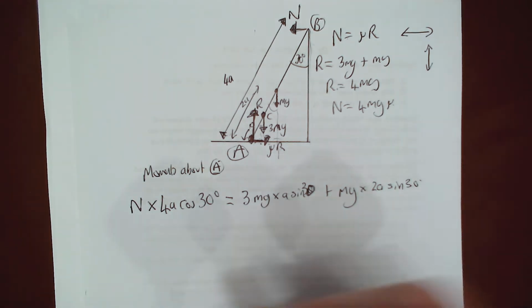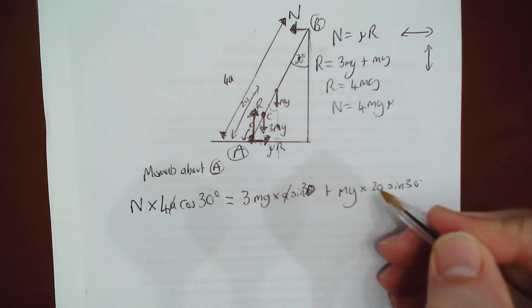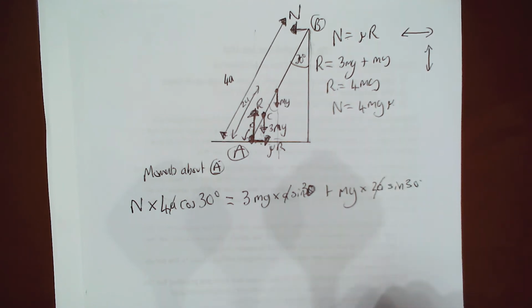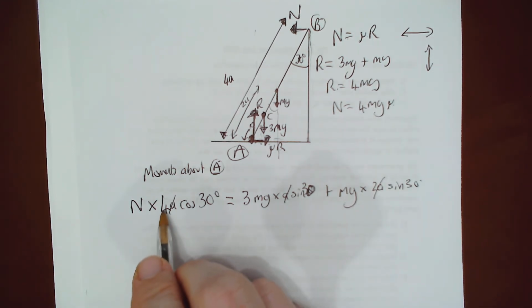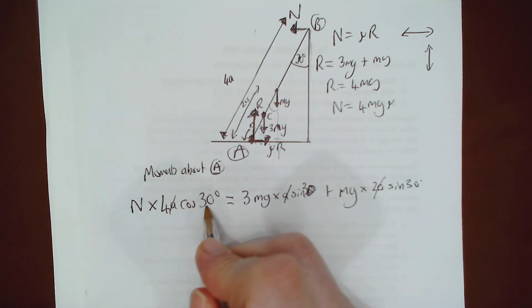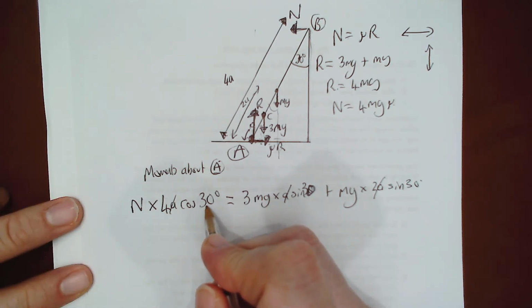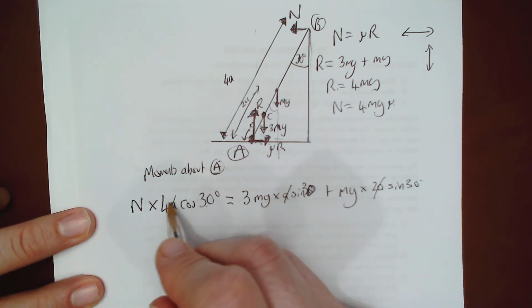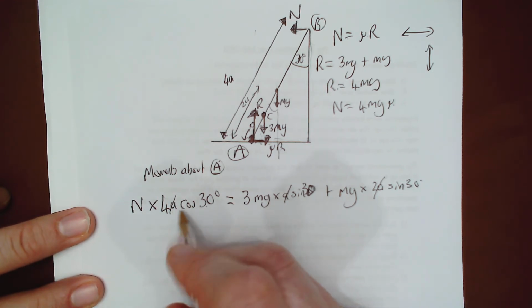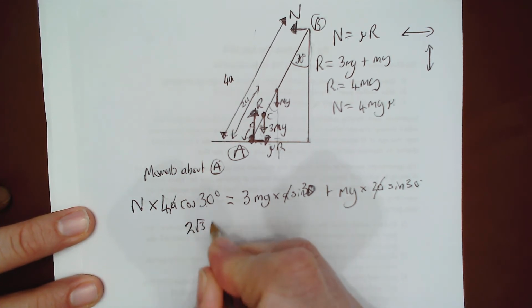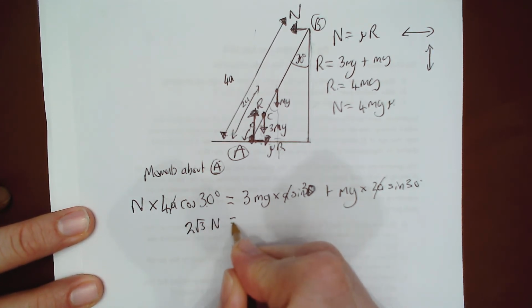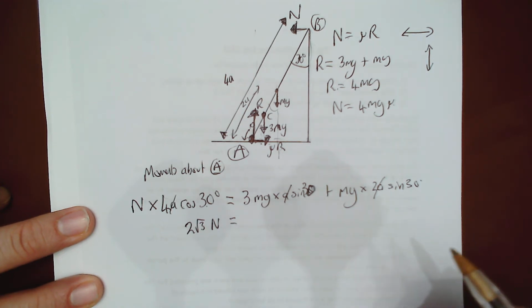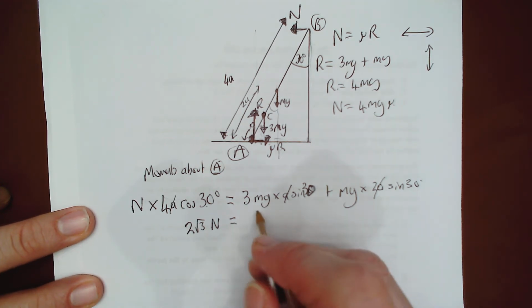Let's tidy this up a bit. We've got A everywhere. The actual length doesn't matter, it's just what proportion of the length we have. So I've got 4 cos 30. Cos 30 is root 3 over 2. So root 3 over 2 times 4 is 2 root 3. So 2 root 3 times N. What do we have here?